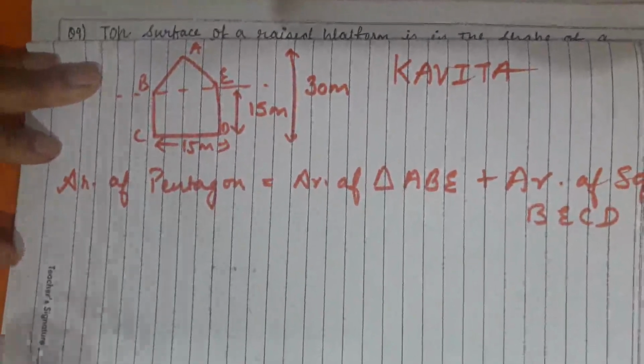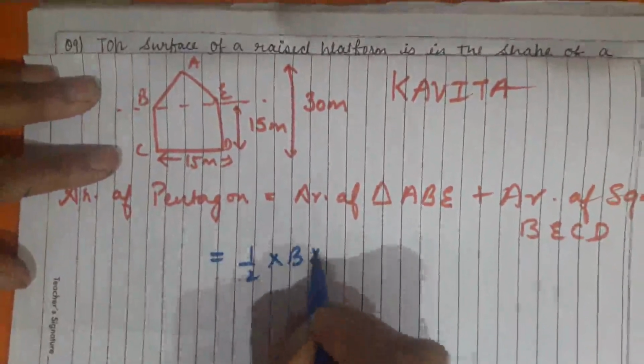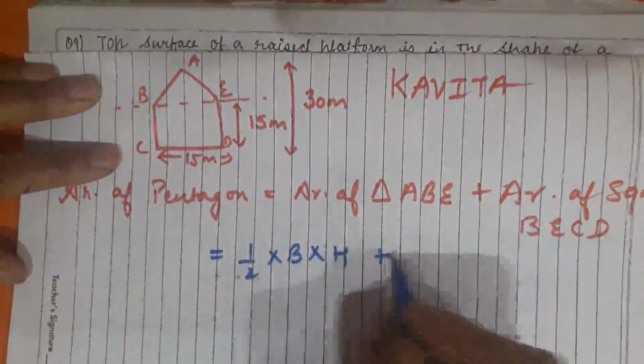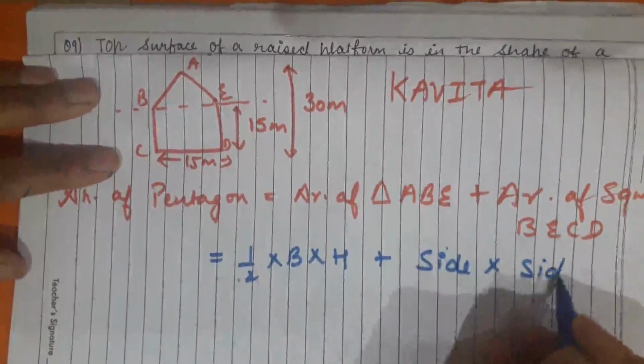Okay. Now the formula of a triangle is half base into height, plus square is side into side.